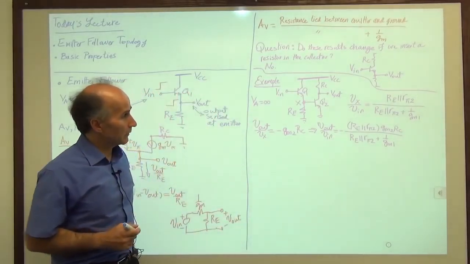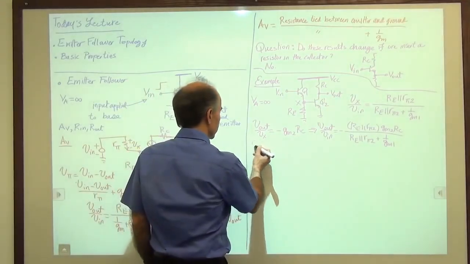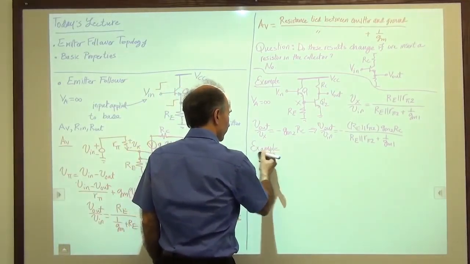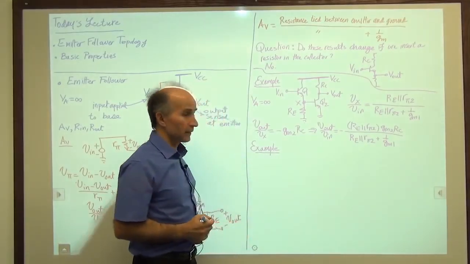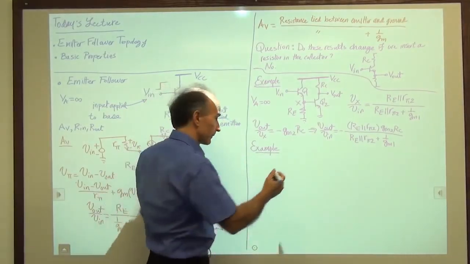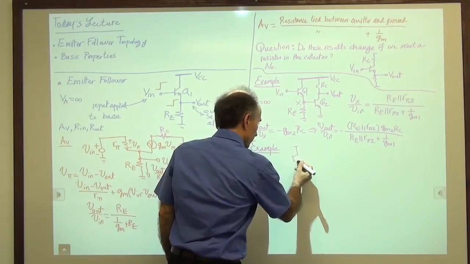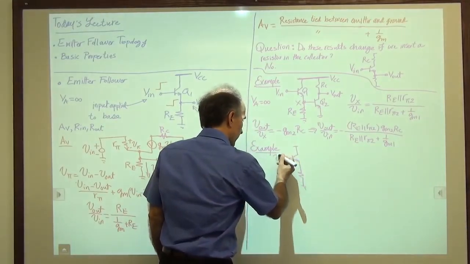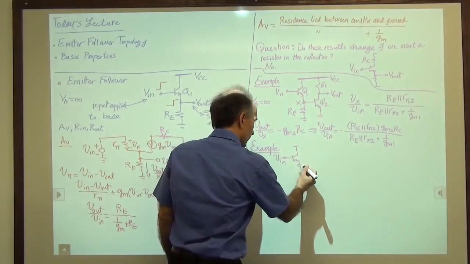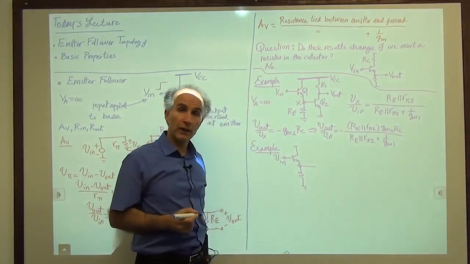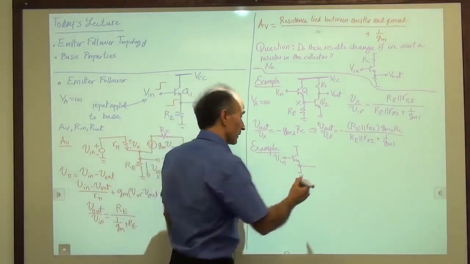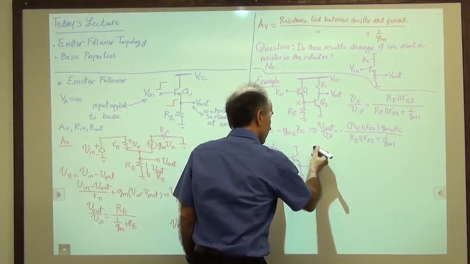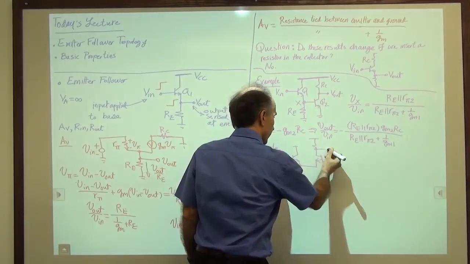Okay, let's look at another example, again of mixing and matching different types of stages. So this time I will take an emitter follower. So here's an emitter follower. The input going to the base, the output coming out of the emitter. And now I go to a common base stage. So I need to go to the emitter of the device, then go to a resistor, and then come out.